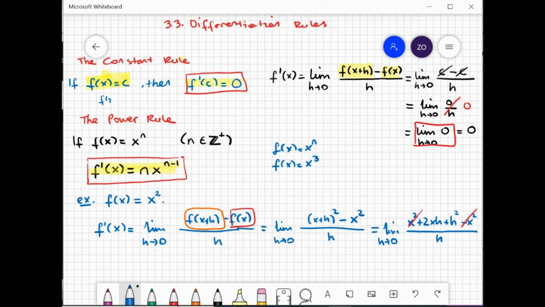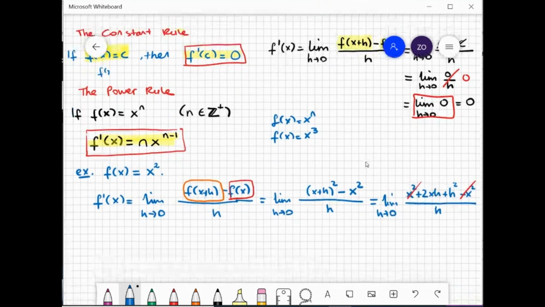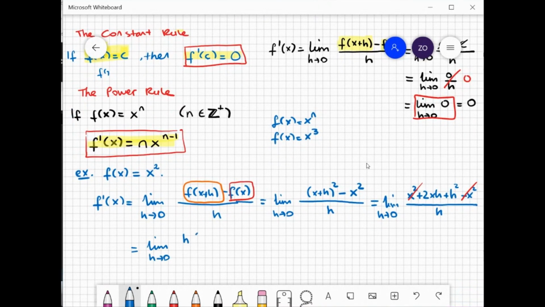Now we can factor out h. So we will have 2x plus h over h, which cancel out. So we find the limit of 2x plus h. And what is this limit? We can plug in 0 for h to evaluate this expression, which is going to be 2x.